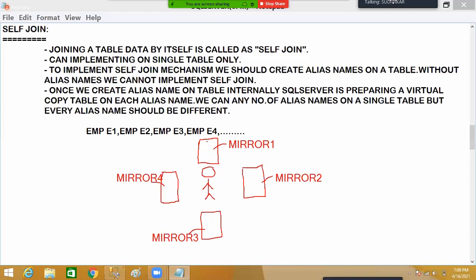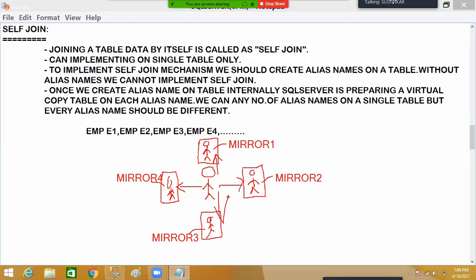In mirror 1, the same image is reflected; in mirror 2, the same image is reflected; in mirror 3, and in mirror number 4 as well. The person is the same. The person stands in front of, or around, the mirrors, and the same image is reflected.